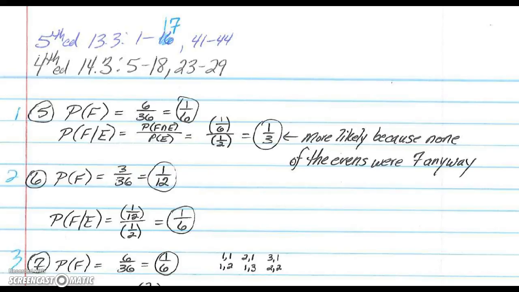The second one, so we have a probability of getting a 4, which would either be a 1-3, a 2-2, or a 3-1. So there's 3 out of those 36 that would give us a 4. Reduce that to 1/12.